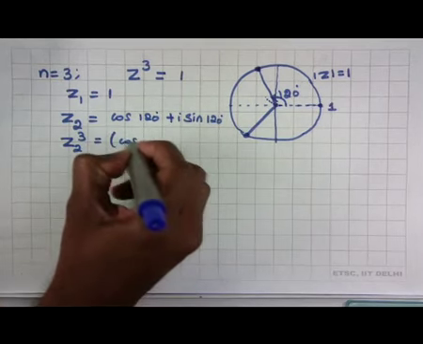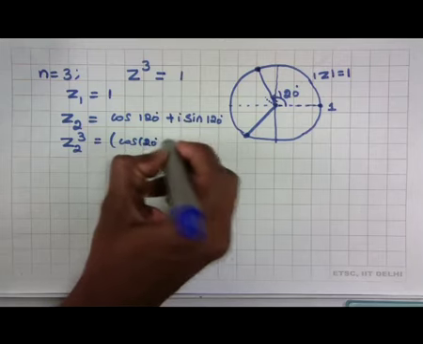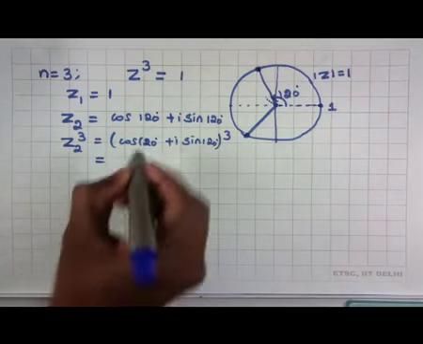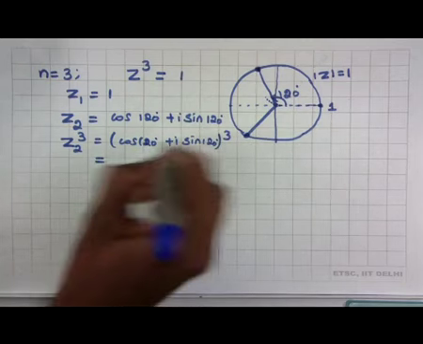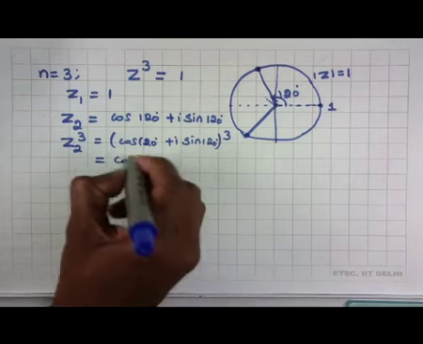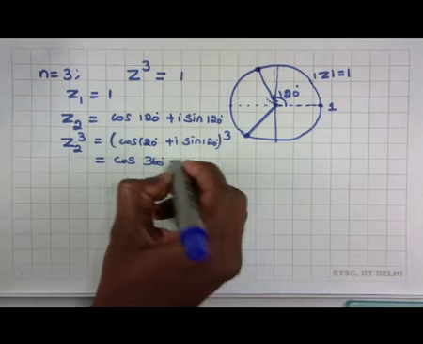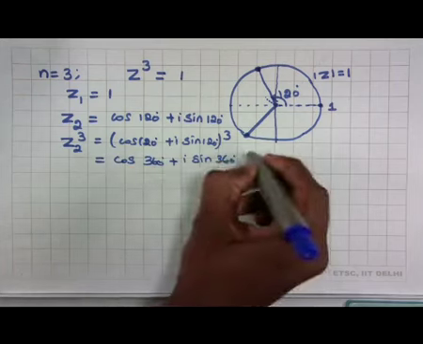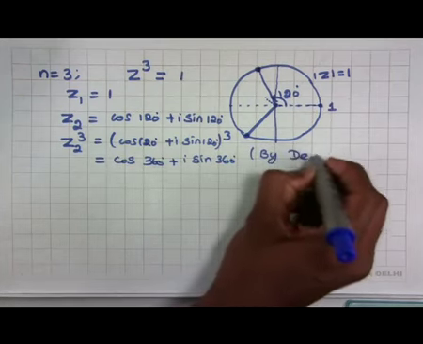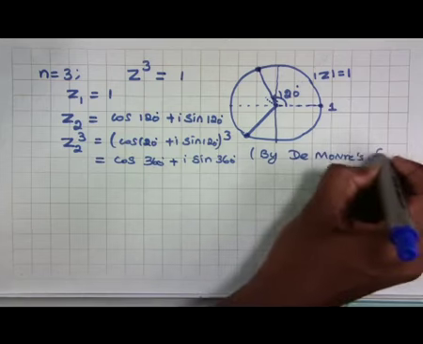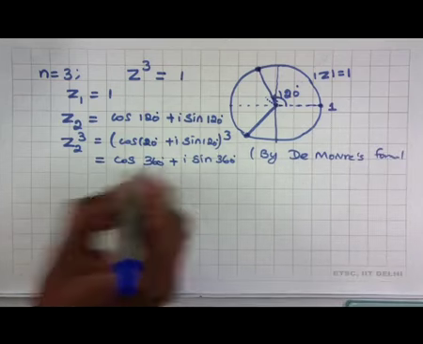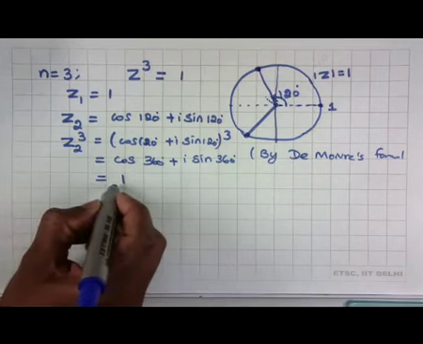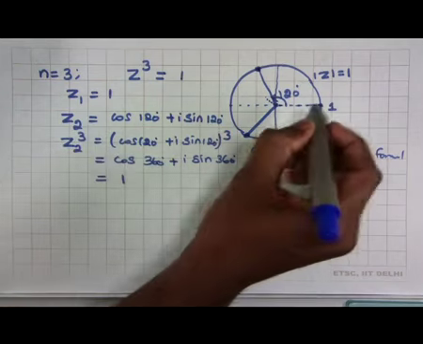So, cos 120 degrees plus i sin 120 degrees, to the power 3, is multiplied for each argument, which gives us 360: cos 360 degrees plus i sin 360 degrees, by de Moivre's formula. So, we know the value for this, it is 1, and this factor is 0. So, what we observed is Z2 cube gives 1.